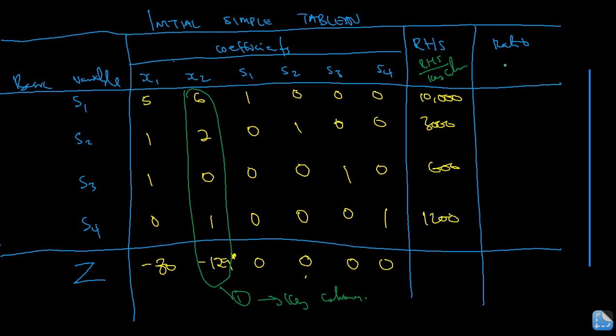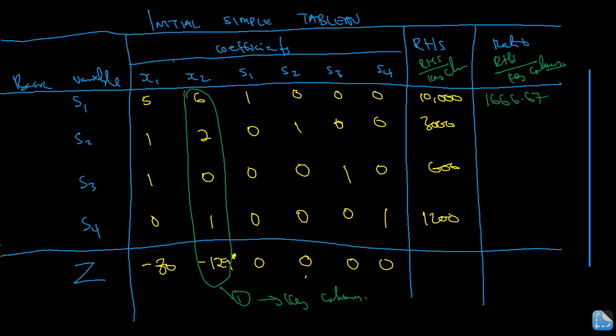To find the ratio, we divide our right hand side by our key column. So if you divide 10,000 by 6, we get 1,666.666, okay, let's say 67.